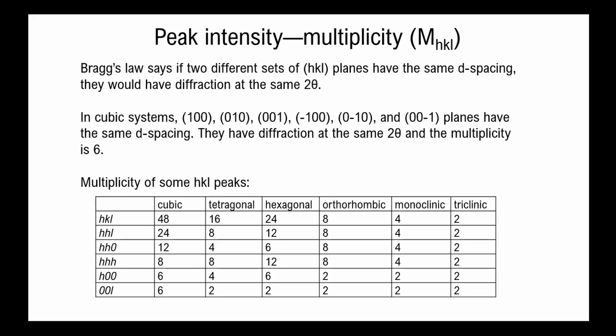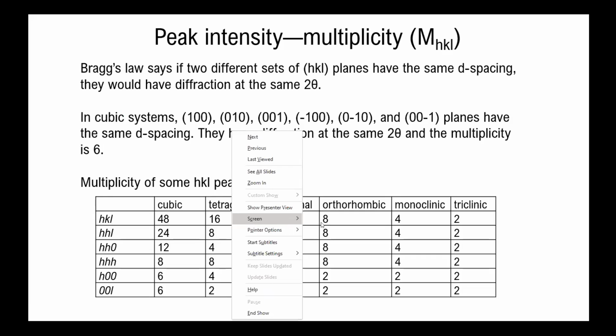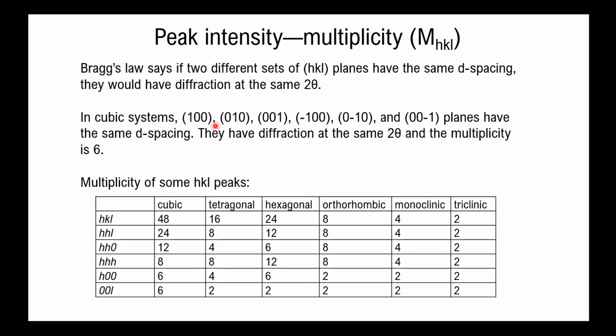So one example is the cubic system, which is highly symmetric, where you cannot tell A from B from C, right? You cannot distinguish among them. So actually, all this set of planes, you can see, give diffraction at exactly the same position.